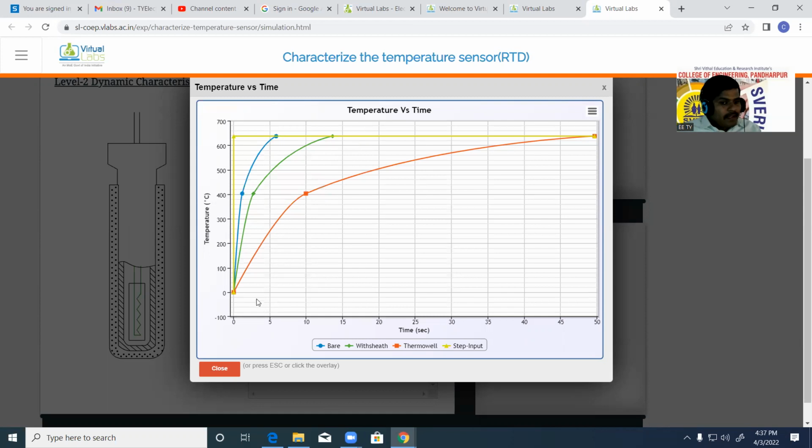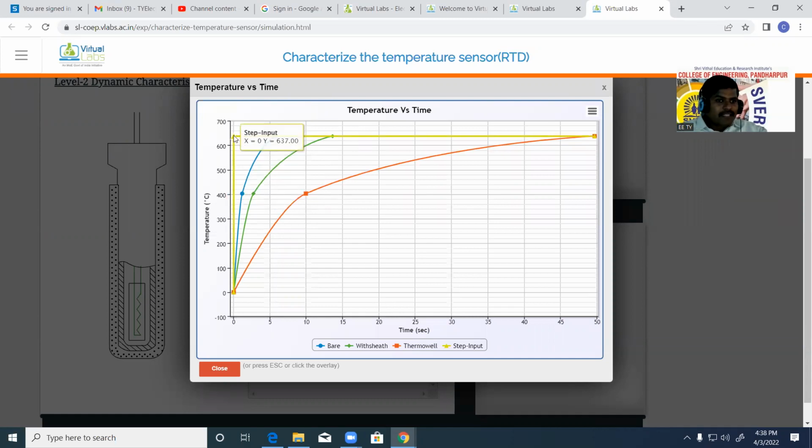Second, when it is used with sheath, again 402.58 degree Celsius with time constant 2.72. Then the third one, thermowell, again 402.58 degree Celsius with a time constant of 9 point something.